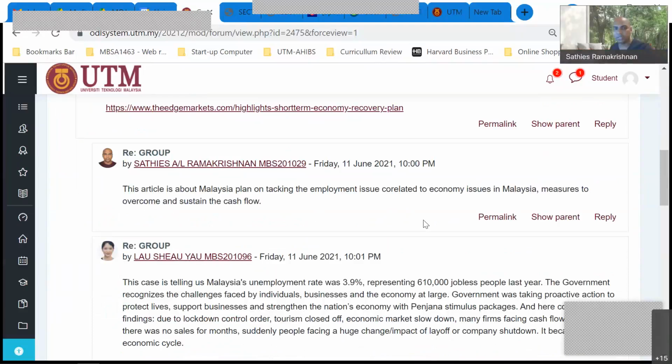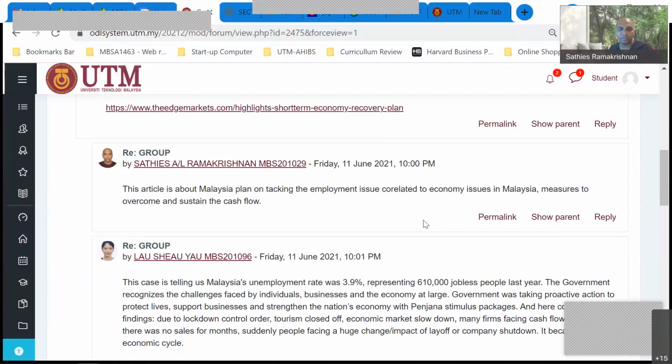Doctor, the article is about our Prime Minister Tan Sri Muhyiddin Yassin, who announced a short-term economic recovery plan with the name of Penjana on 5th June 2020. The key indication inside the announcement was the ways of recovering the unemployment issue. It's correlated with the economic recovery as well.